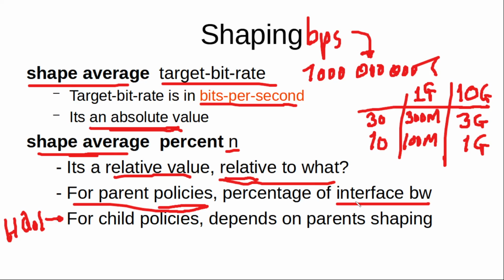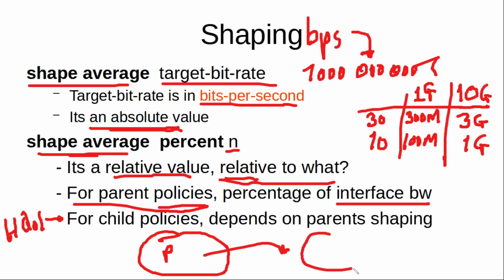Now, if you are using hierarchical quality of service, that means that you have a parent policy that is calling a child policy, so to speak. So this parent policy may be shaping, and then you might also be trying to use percentage here.